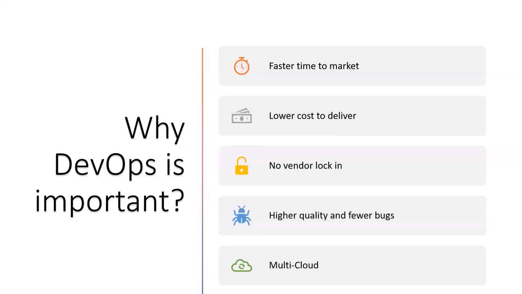Higher quality and fewer bugs. Whenever we work with DevOps, it gives more quality in the product or software which customers are using, and fewer bugs because every bug we are going to close very soon. Within 2 weeks it will disappear. So very few bugs will remain for a longer time.